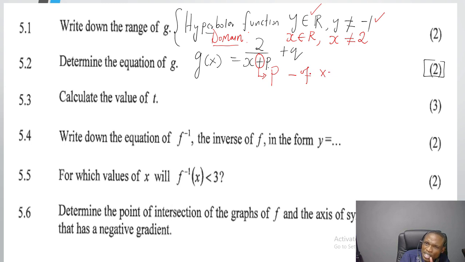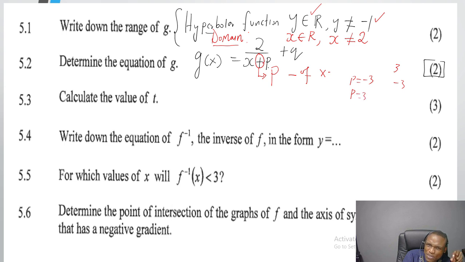Let me not say negative. Let me say p will have the sign which is different to the x asymptote. If the x asymptote is 3, p is going to be negative 3. If the x asymptote is negative 3, p is going to be 3.